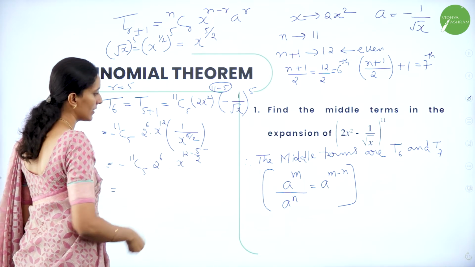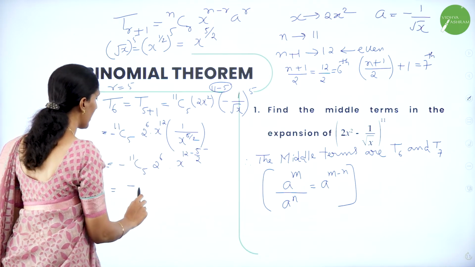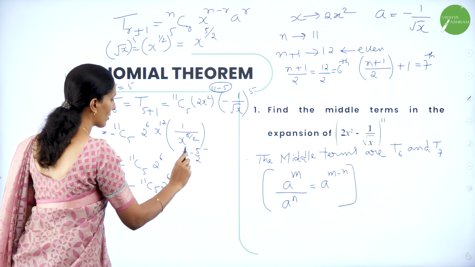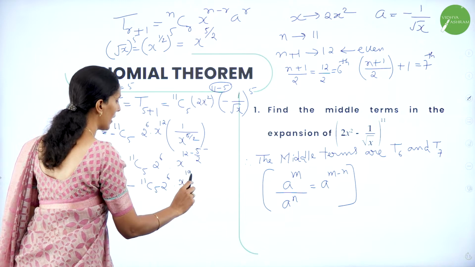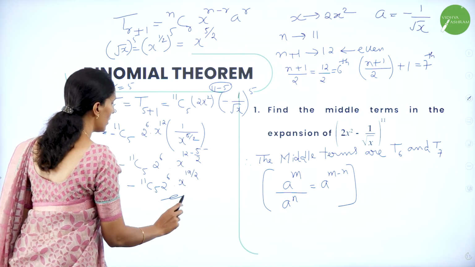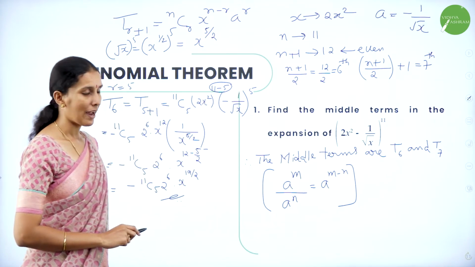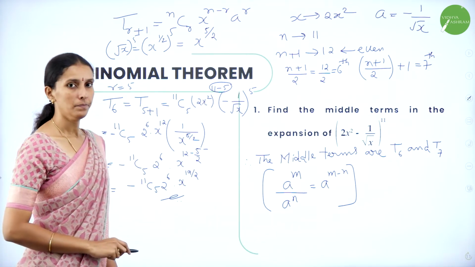So when you subtract this, so what you will get? Minus 11C5 2 power 6. When you solve this fraction, you will get x power 19 by 2. So this is your T6. That is one middle term. One more middle term we have to find, that is T7.